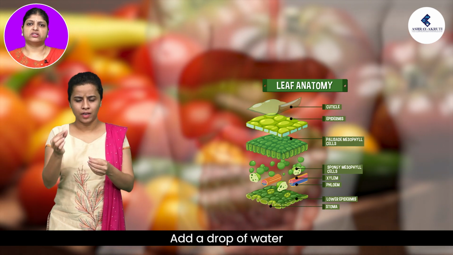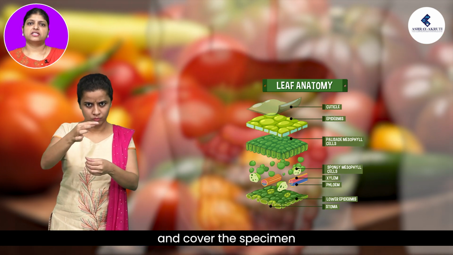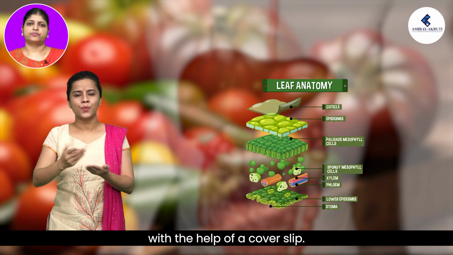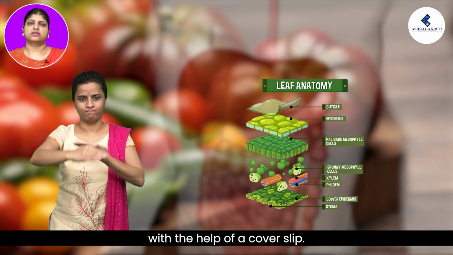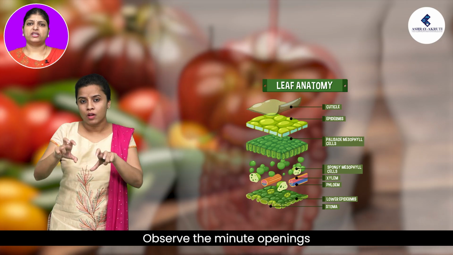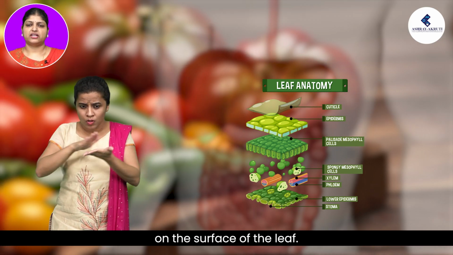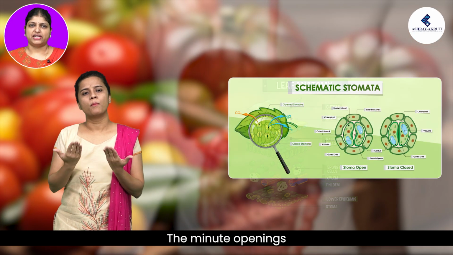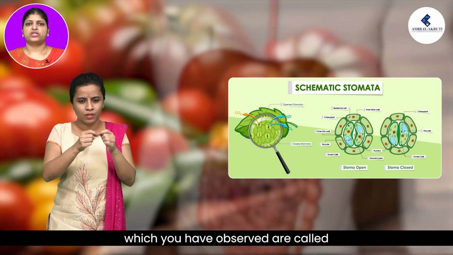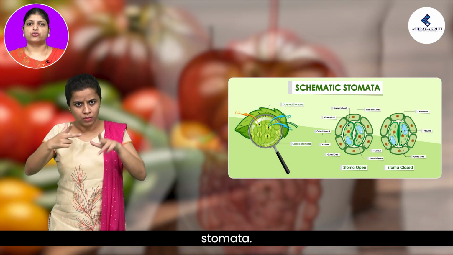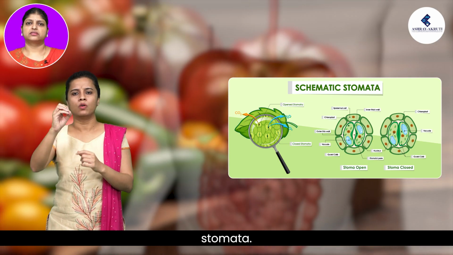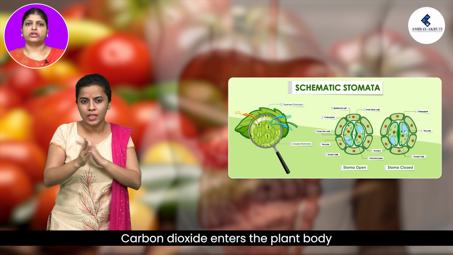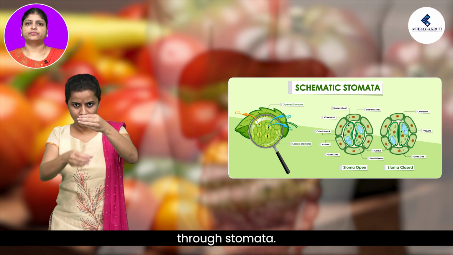Add a drop of water and cover the specimen with the help of a cover slip. Observe the minute openings on the surface of the leaf. The minute openings which you have observed are called stomata. Carbon dioxide enters the plant body through stomata.